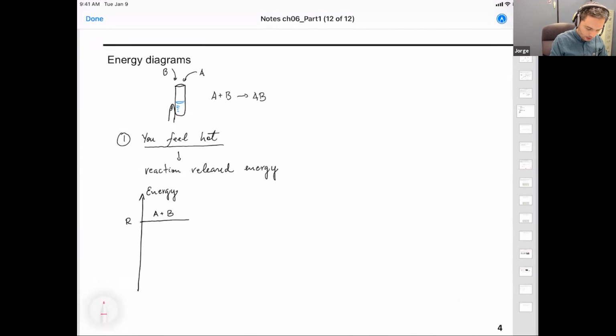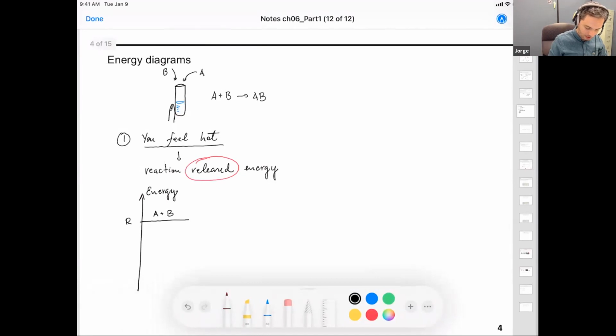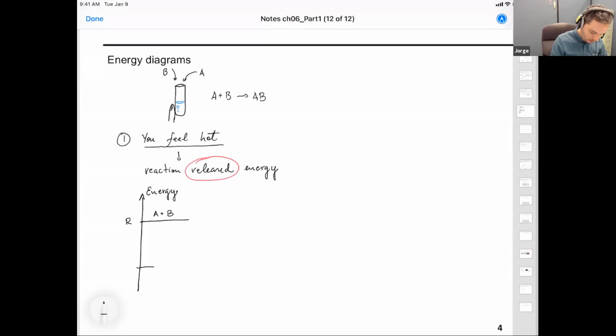Well, if energy was released, that means energy was lost, which means the energy of the product has to be below the energy of the reagents. And I can write here the formula of the product.